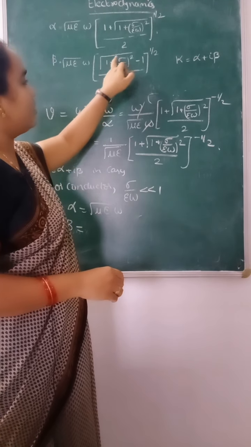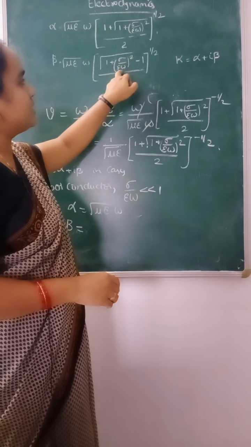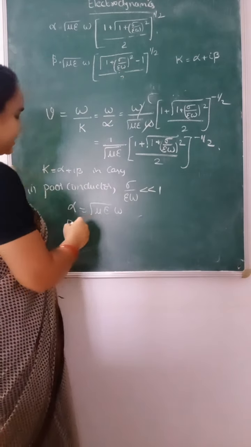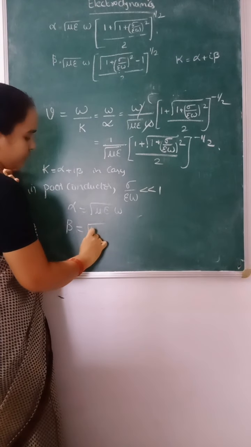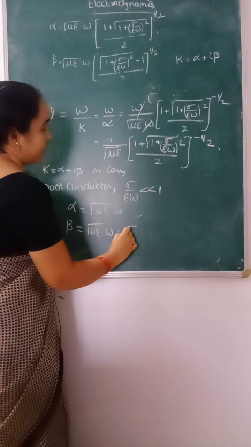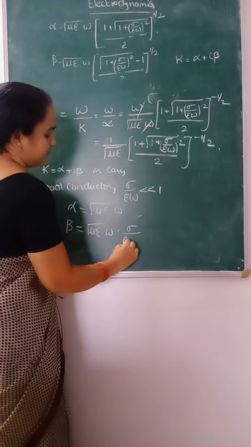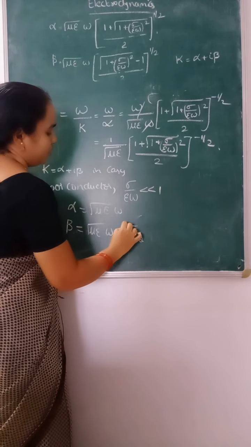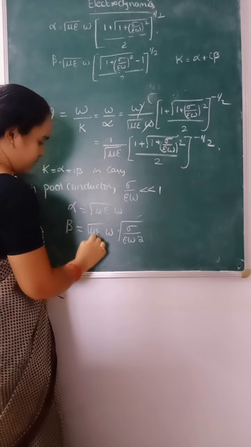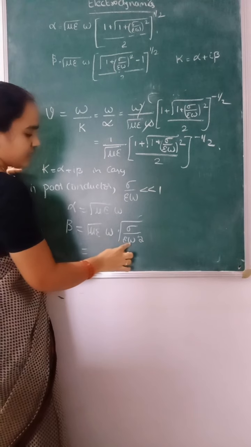So under root of sigma by epsilon omega whole square, this becomes sigma by epsilon omega by 2. So this can be written as root of mu epsilon omega, sigma by epsilon omega by 2, under root. This root epsilon gets cancelled, this is only omega, this is omega.